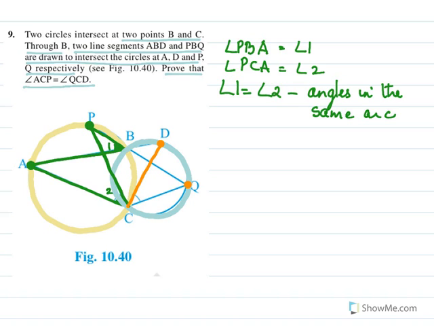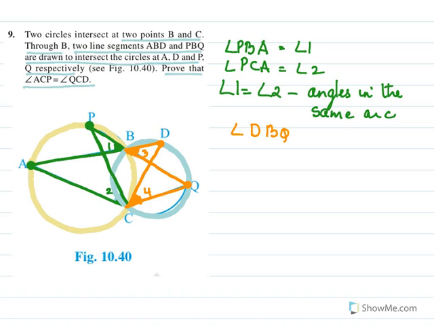Here we go up from DQ, we get this angle. Then again from DQ we go up, from Q we go up and we get this angle. These angles again will be equal. We'll mark them as 3 and 4 because they're angles in the same arc. So first we had angle DBQ.